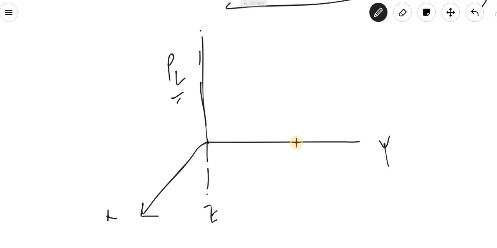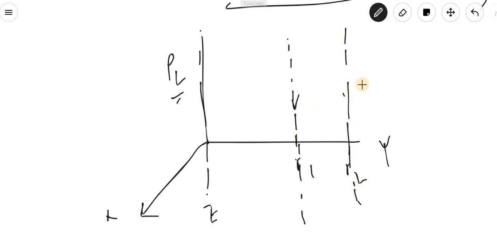Anywhere, suppose here R1 and R2, at this point and this point.